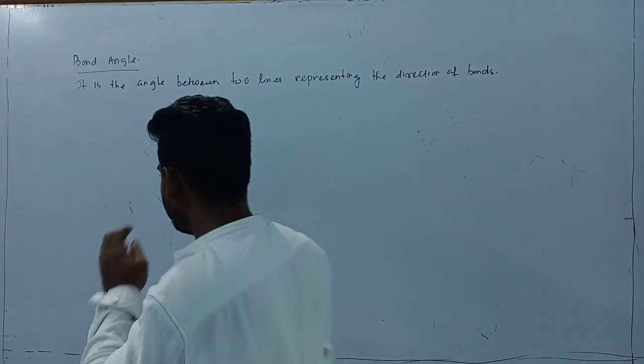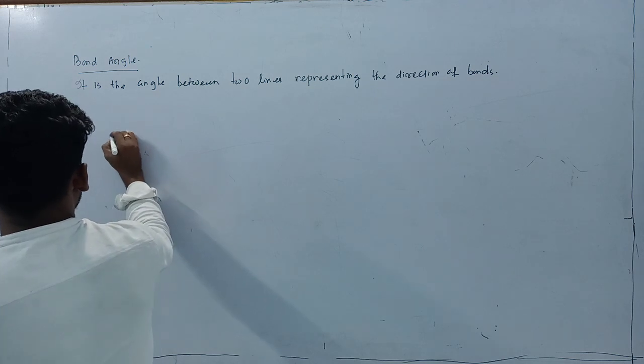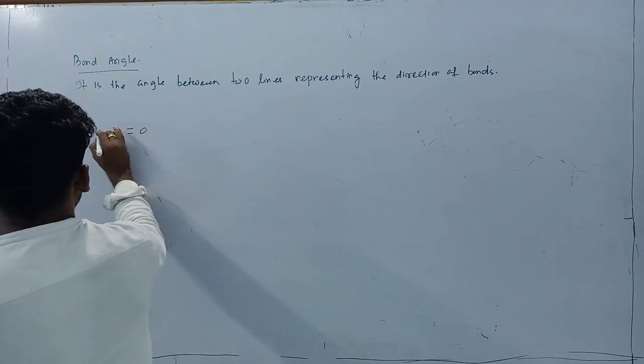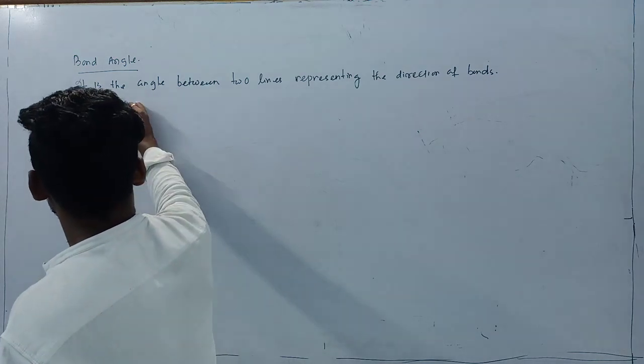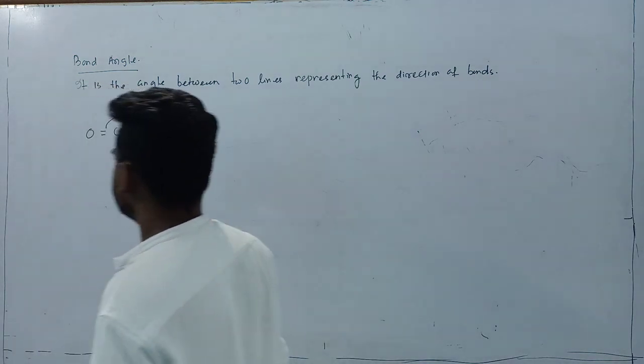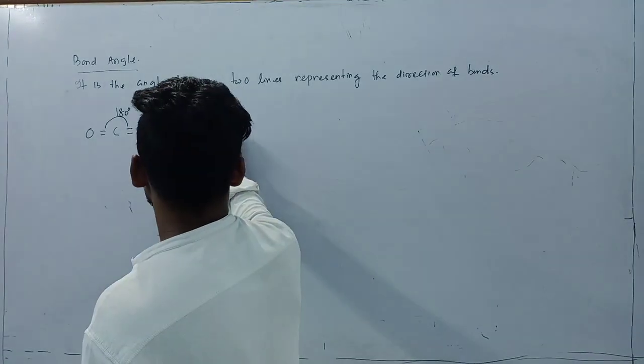That means if I consider carbon dioxide, this is a linear molecule, so here the bond angle is 180 degree.